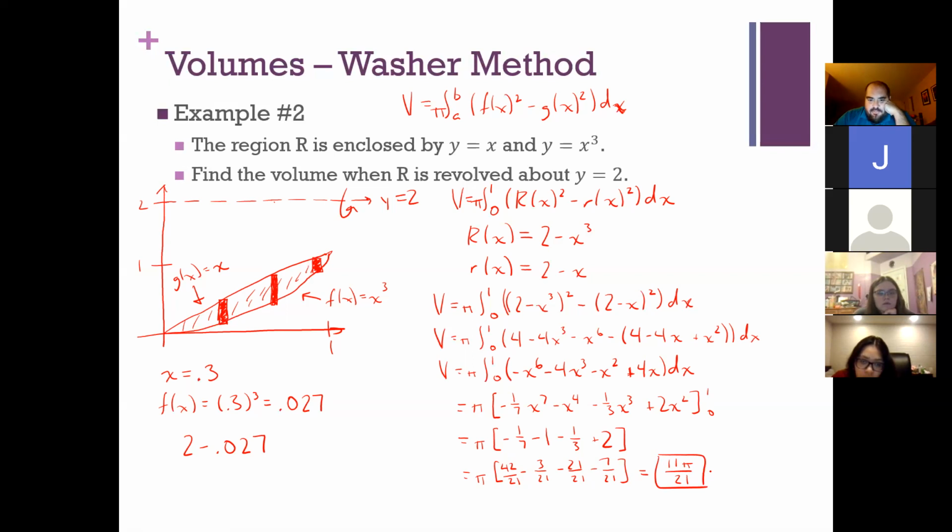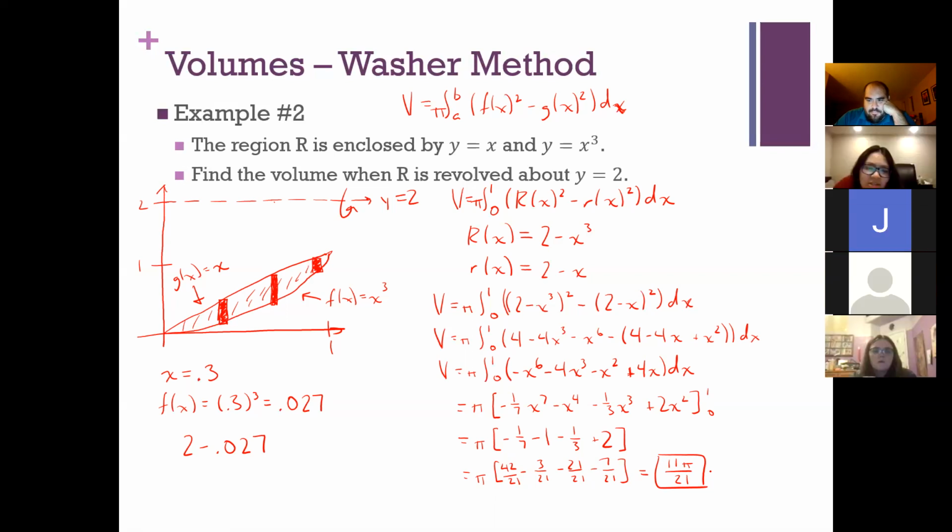I'm going to pause there because I feel like I made a mistake even though I can't find it. Is it supposed to be positive x to the sixth when you expand? Absolutely is. Yep. So where did that mess me up?